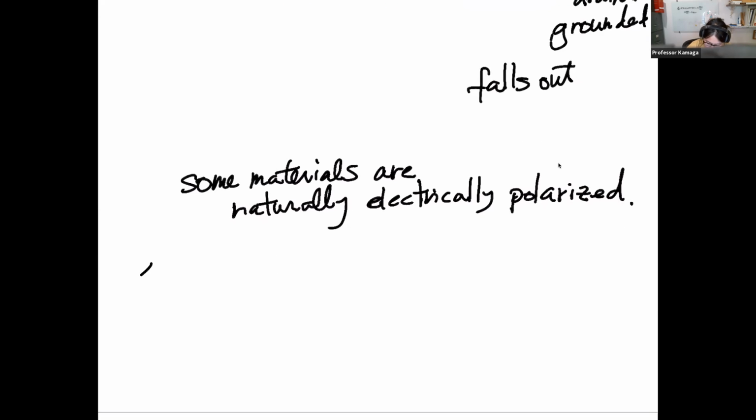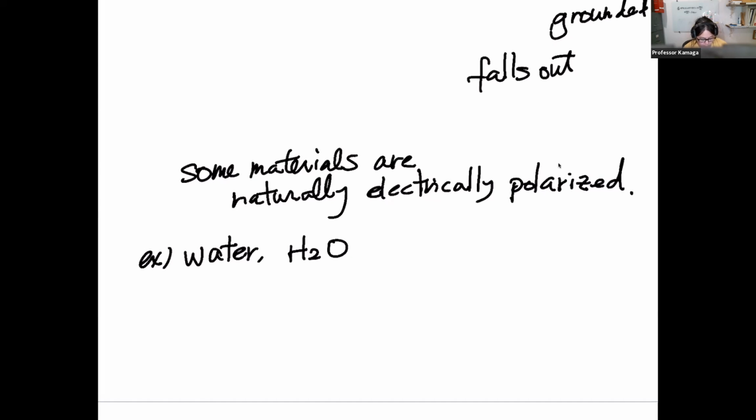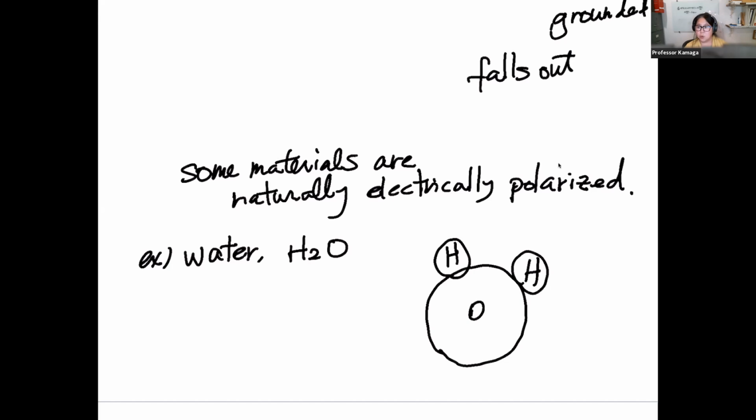So, for example, water, H2O. H2O obviously has 2 hydrogen and 1 oxygen, but what matters is the shape. So you have 1 oxygen and 2 hydrogen, and the shape of H2O is like a Mickey Mouse.